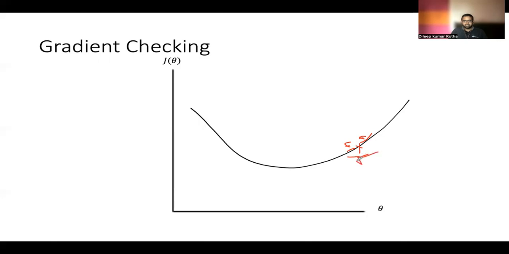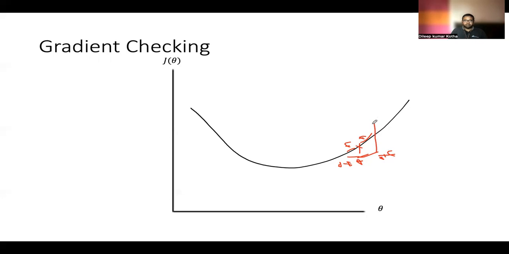This is theta, that is theta minus epsilon, and this point is theta plus epsilon. So we are decreasing and increasing theta by a certain amount, which is epsilon, and then we can see how the cost function changes, that is, how J changes when we change theta.